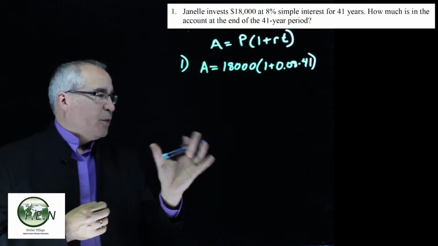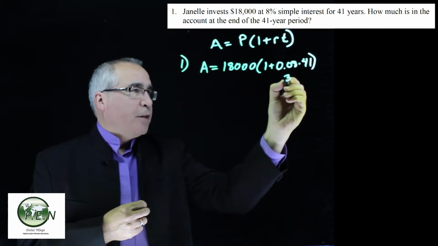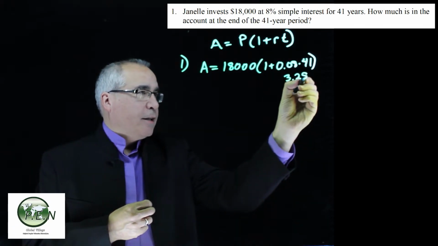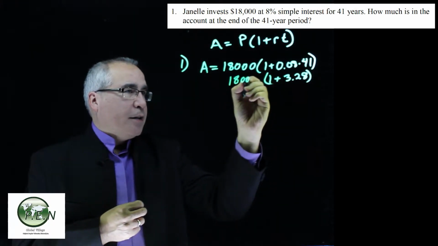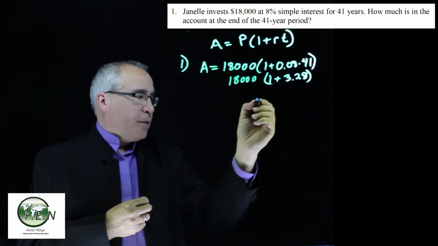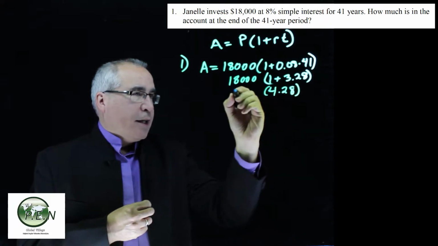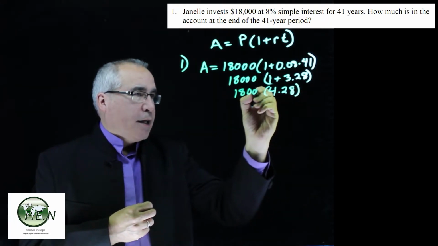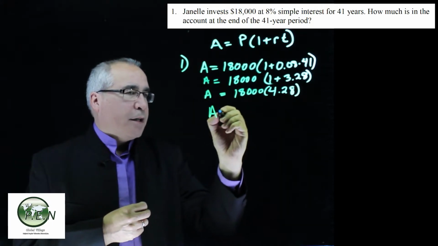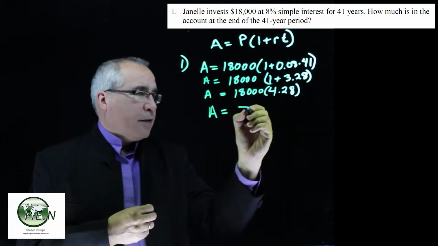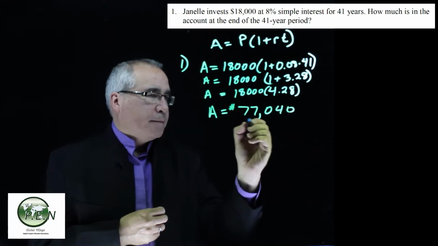Okay, so we'll go through this one step by step. 0.08 times 41 ends up being 3.28. We still have the 1 plus. We have our 18,000. 1 plus 3.28 is 4.28. And then when we multiply that by 18,000, we will get our accumulated value is $77,040.